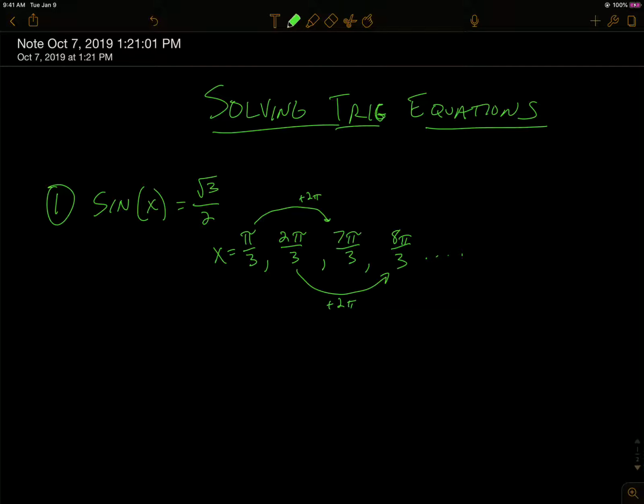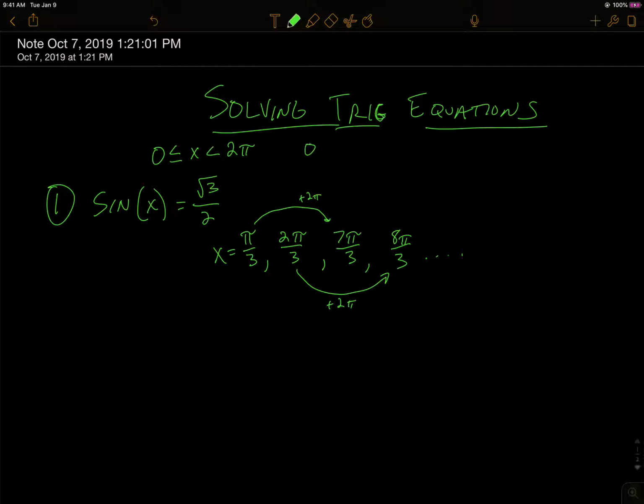So usually somewhere in the directions or in the question stem, they're going to give you some restrictions, something to the effect of what x has to be, or your angle has to be in between. Typically you'll see that it's got to be in between 0 and 2 pi.